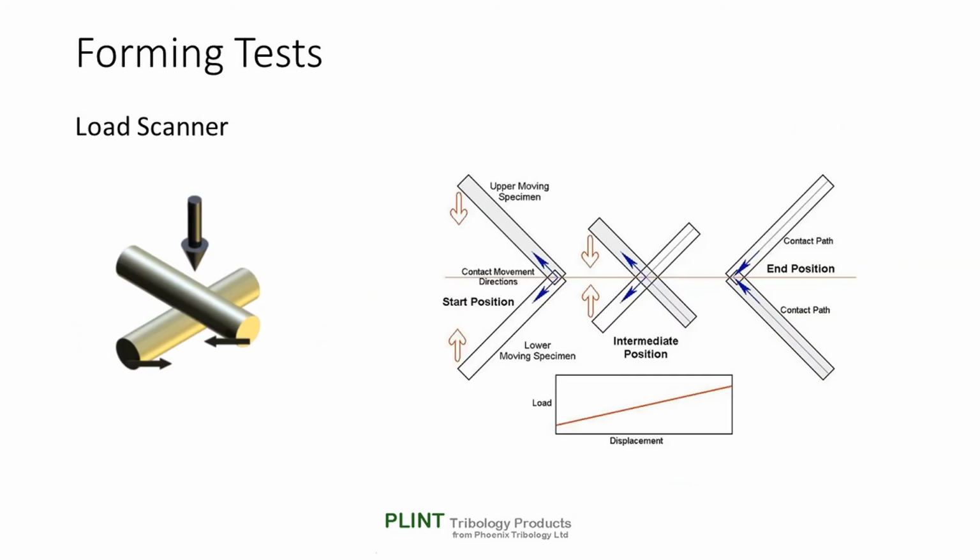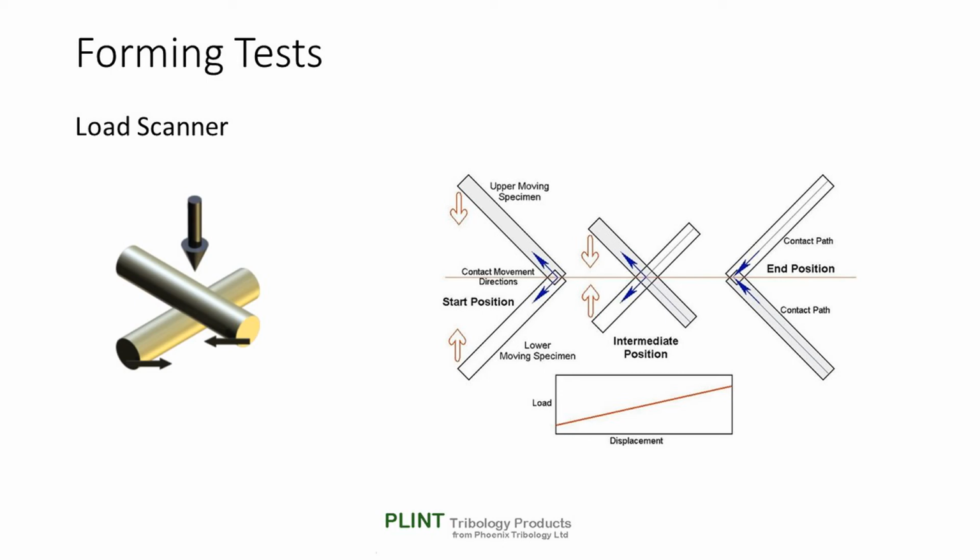The load scanner is a concept developed by Professors Sture Hogmark and Staffan Jakobsson at Uppsala University. The device offers a novel test configuration for assessing the friction wear properties of materials and lubricants. Two elongated test specimens, preferably bars or rods, are used.